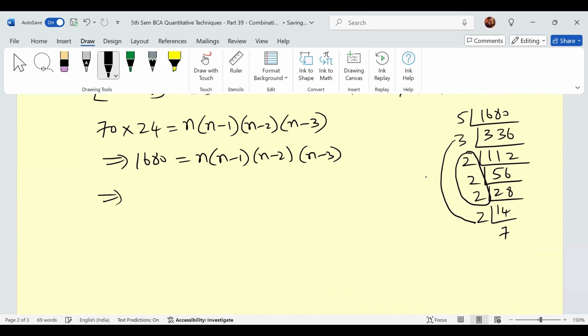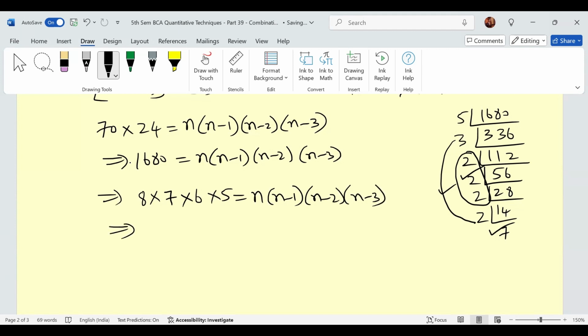So we can rewrite this 1680 as 8 into 7 into 6 into 5, which is equal to n into (n minus 1) into (n minus 2) into (n minus 3), which implies that 8 is equated to n, or 7 is equated to n minus 1, or 6 is equated to n minus 2, or 5 is equated to n minus 3.